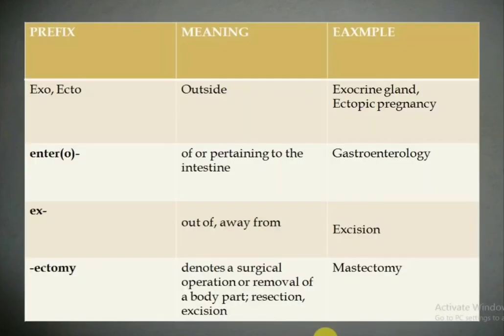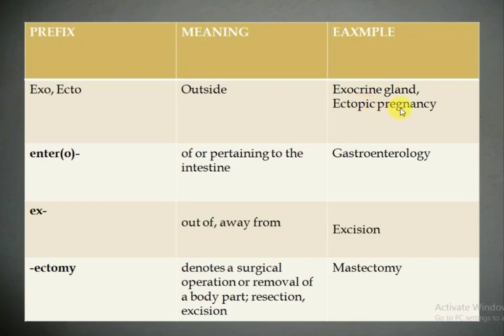Next, as we have seen, here are prefix meanings with examples to understand medical terminology. This is a list of medical terminology to understand for a medical coder job. Ecto means outside. An example is ectopic pregnancy, where outside of the uterus the baby is formed.